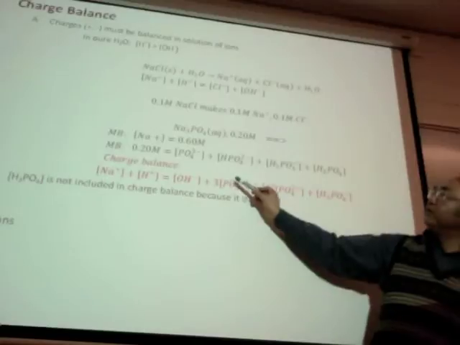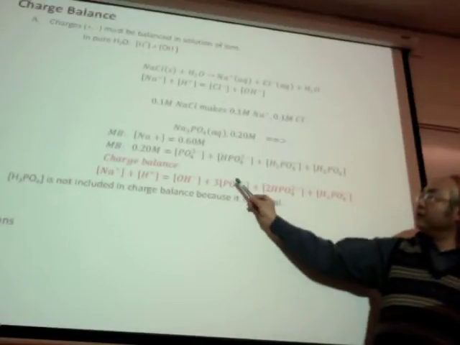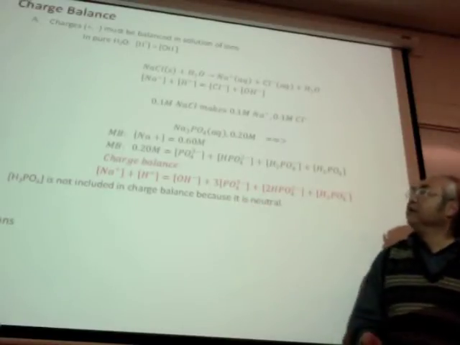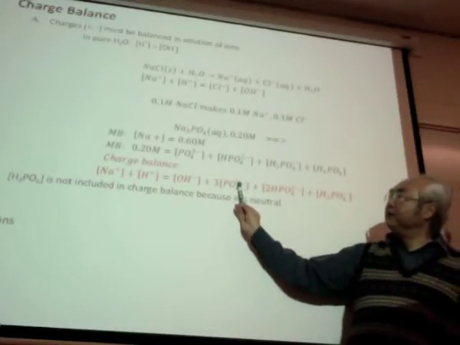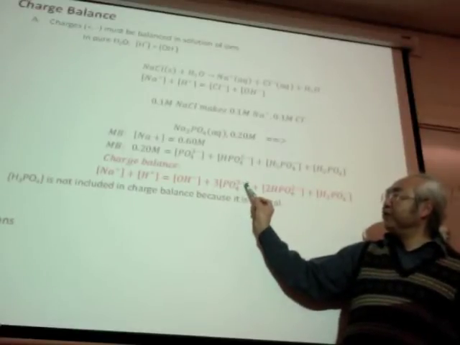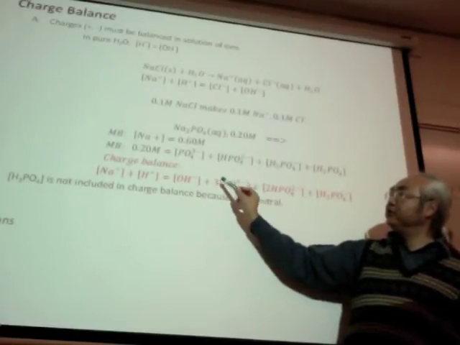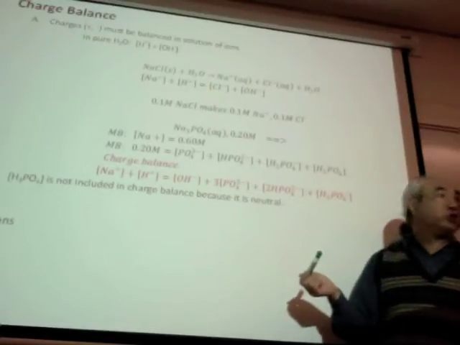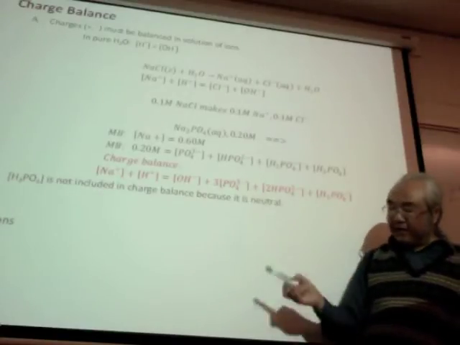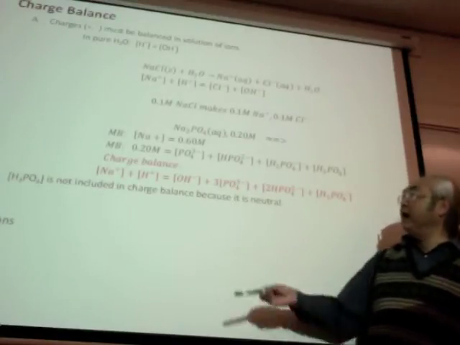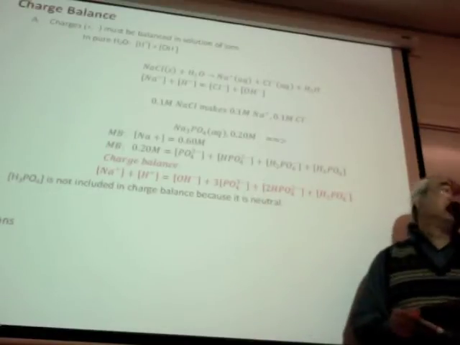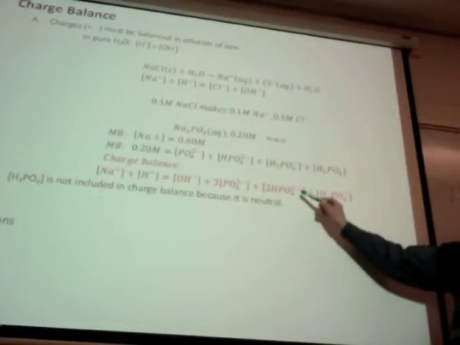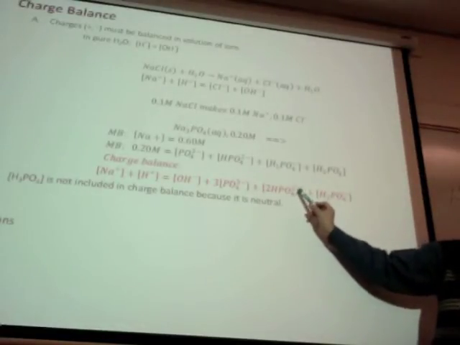Now be careful with the phosphate. Notice this represents concentration. But for charge number, you need to extract the charge because it's 3 minus, so the charge contribution is 3 times this concentration. Remember it's the charge contribution. You have a concentration, now what is the contribution for that? Well, it's 3 times the concentration. Memorize that. And for this species, it's 2 times.